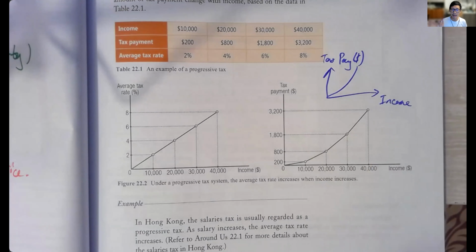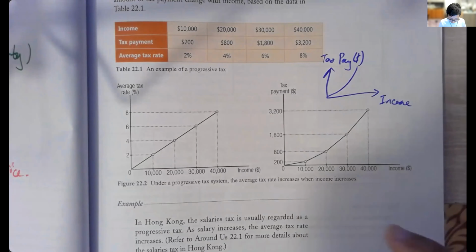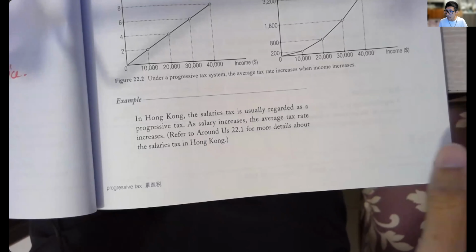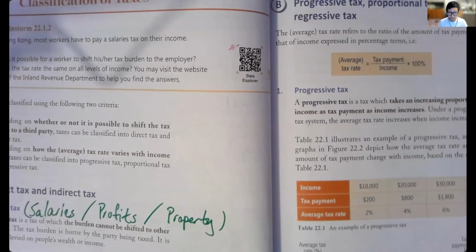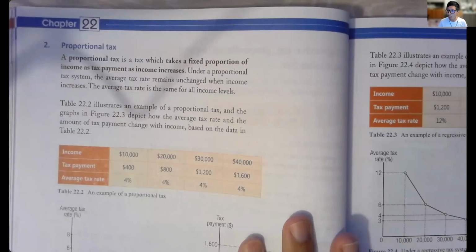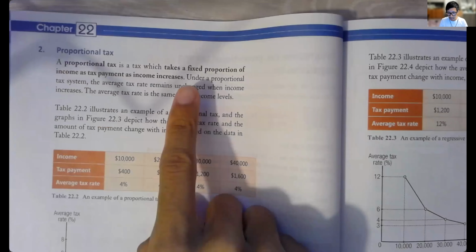Therefore the average tax rate will be increasing. In Hong Kong, salaries tax is one example. Another example would be profit tax, since the tax system was changed. Now the so-called profit tax is also progressive.